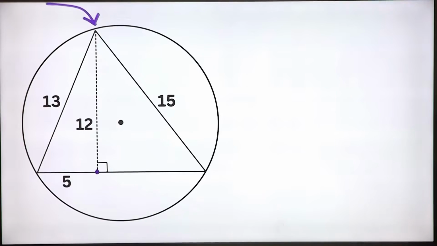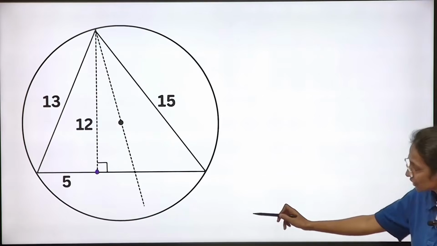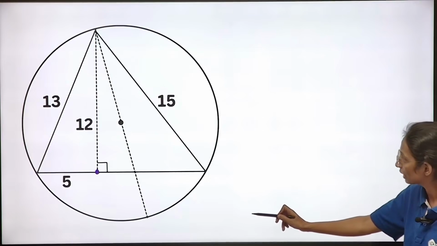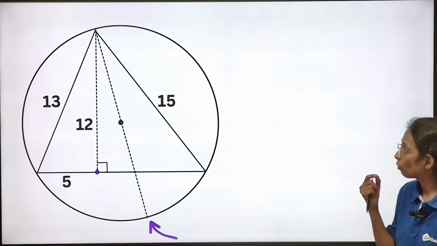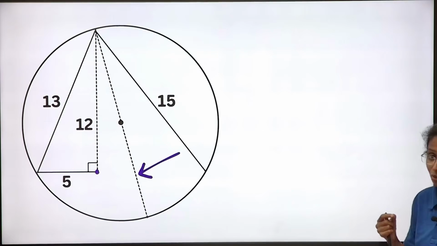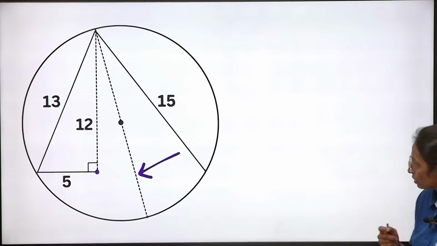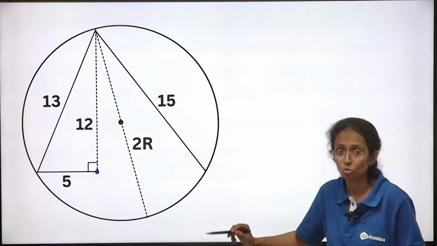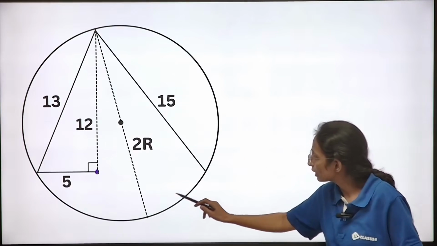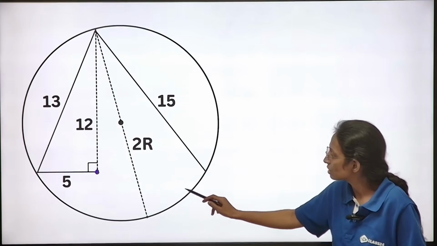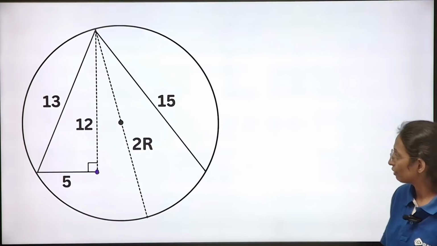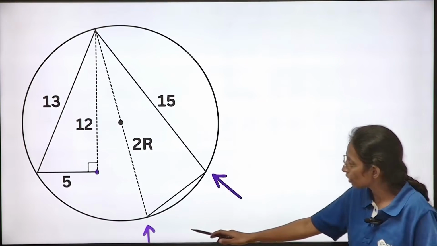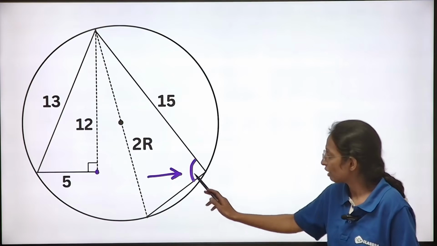Now, we see that when we join the diameter from this vertex, there is a very interesting thing we get. What? Let us assume that this diameter is equal to 2r, and when we join these two vertices, we have an angle.